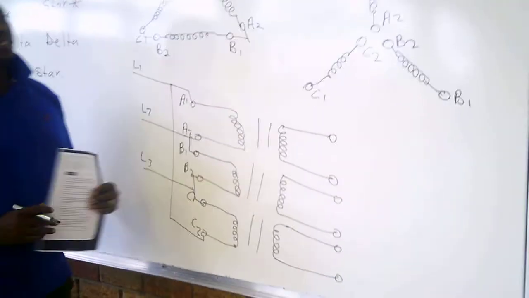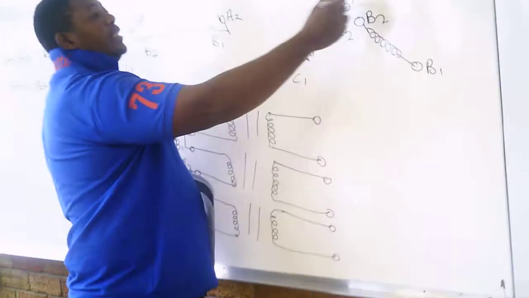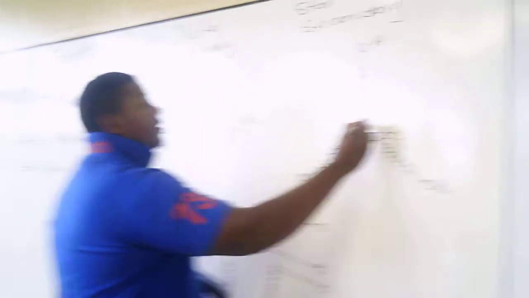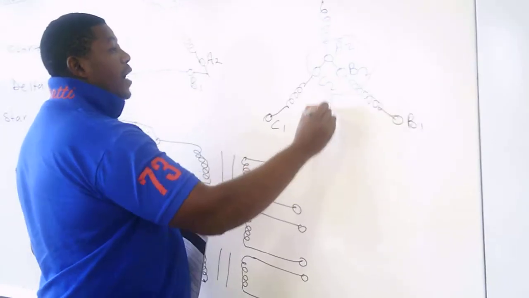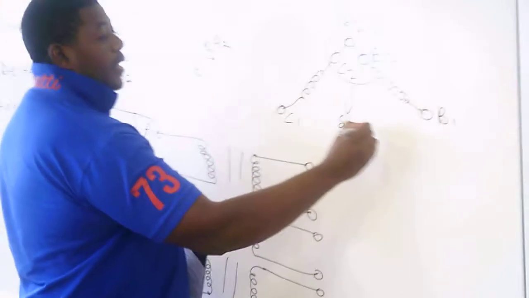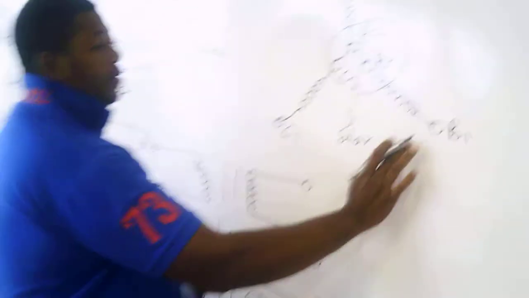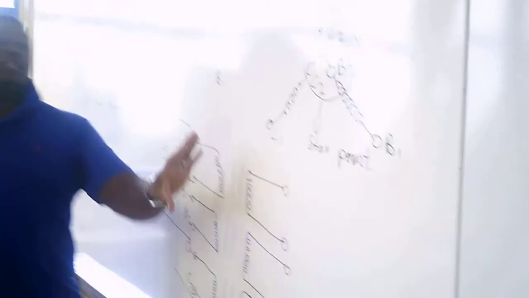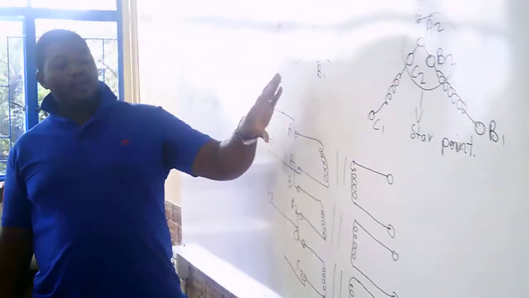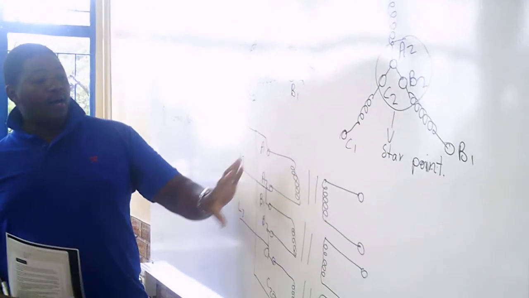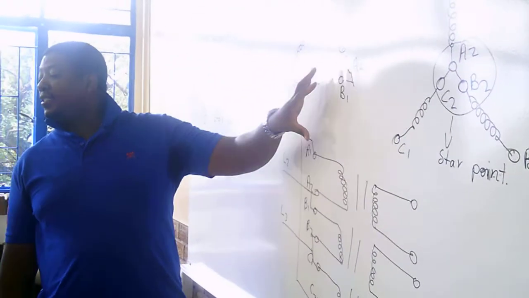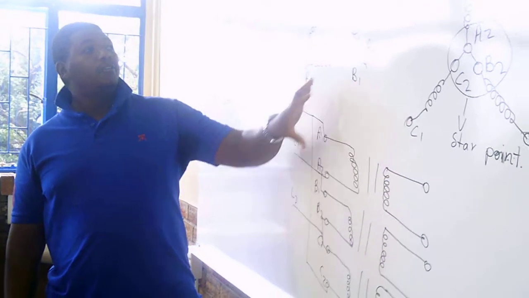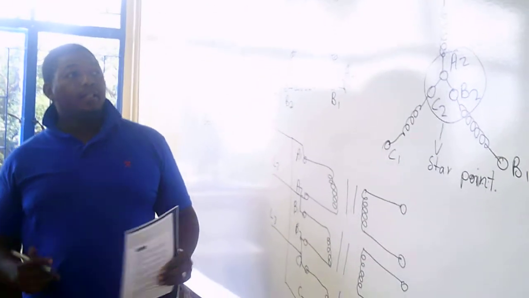Now when we go to the star side, the star connection, we can see that this is what will be happening. We normally refer to this as our star point. Now, the star point is very critical. We are going to talk about it a little bit later. For now, I want us to concentrate on how we can put these single-phase transformers together to give us what we call a three-phase transformer.